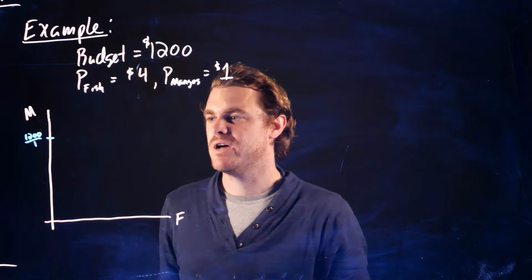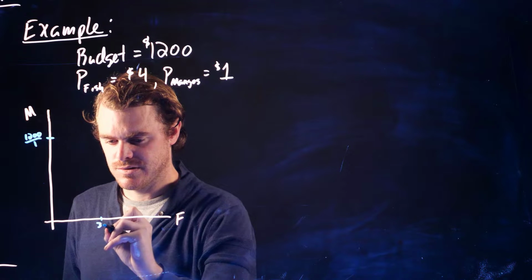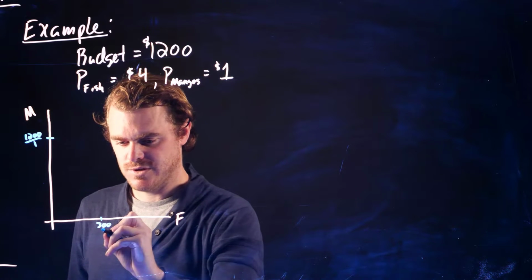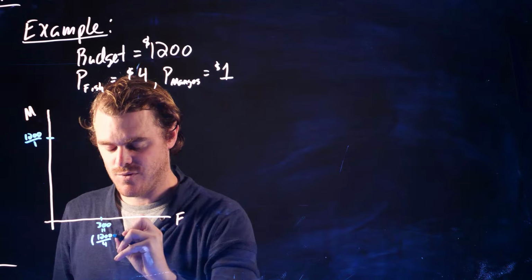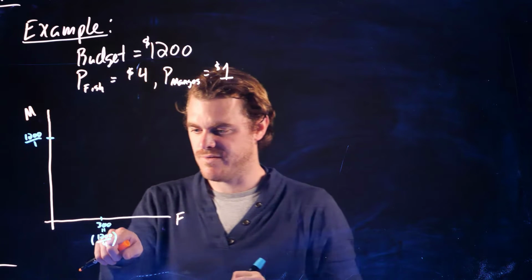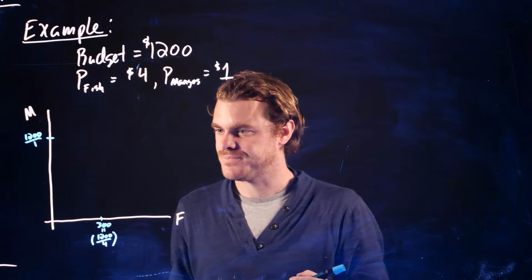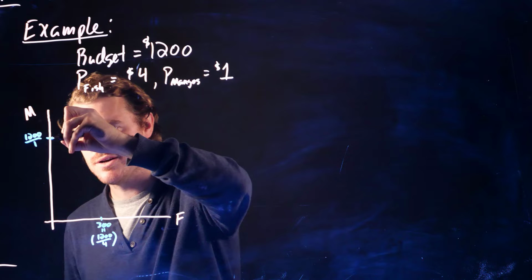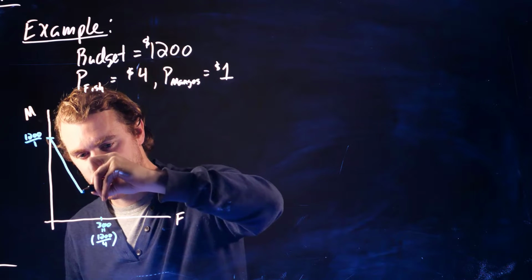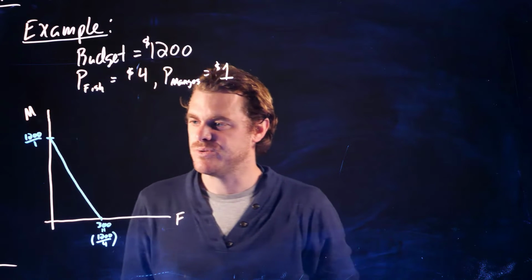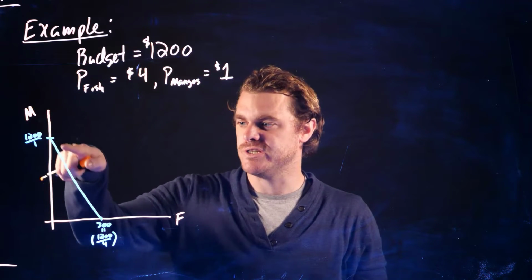If he spent all of his money on fish, he could get 300 fish. How we got that is 1,200 divided by 4. So the total budget divided by the price would be how many you could buy of that good. And because the prices are remaining constant here, we can draw this nice straight line between these two intercepts. And this is going to be what our budget line is.